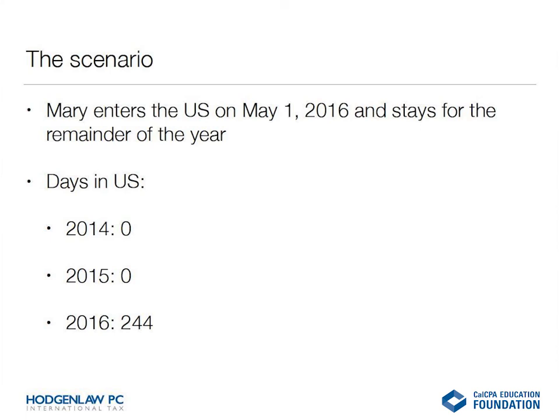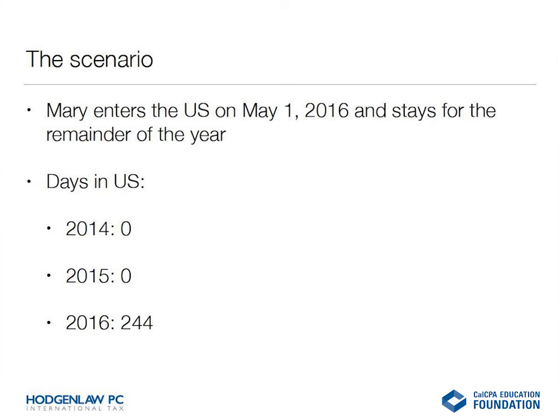So Mary enters the United States on May 1st, 2016, and stays for the remainder of the year. So Mary was not in the U.S. in 2014, not in the U.S. in 2015, and in 2016, that's actually 244 days. So she does meet the substantial presence test.